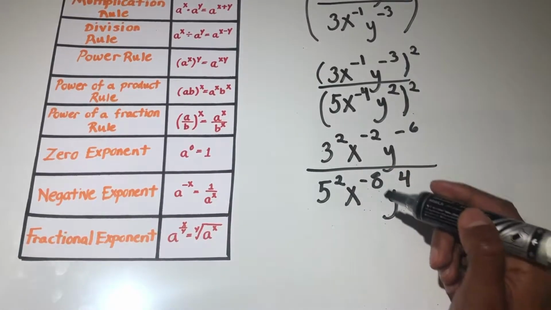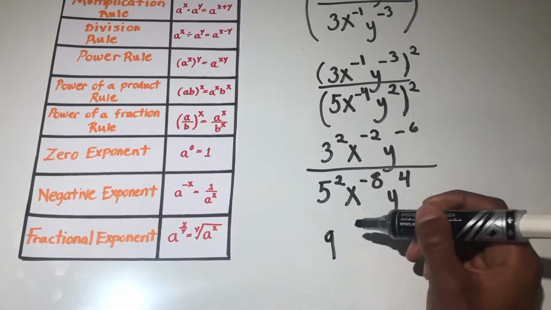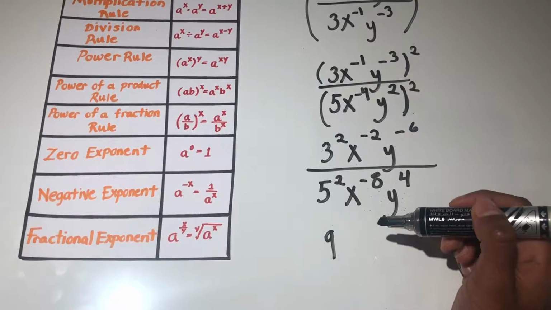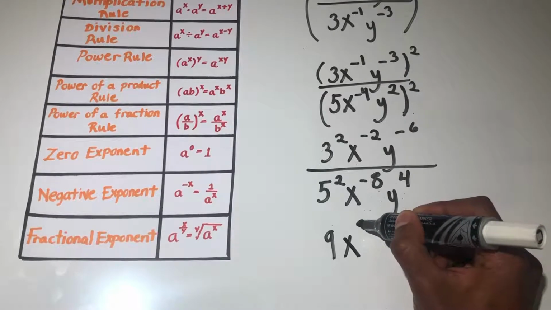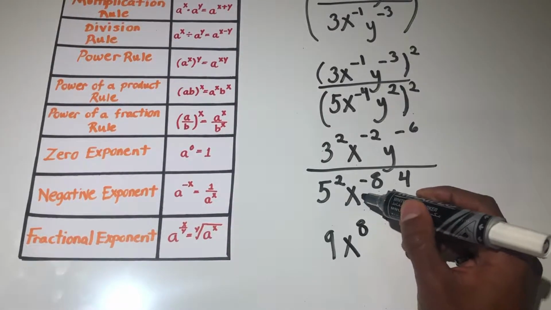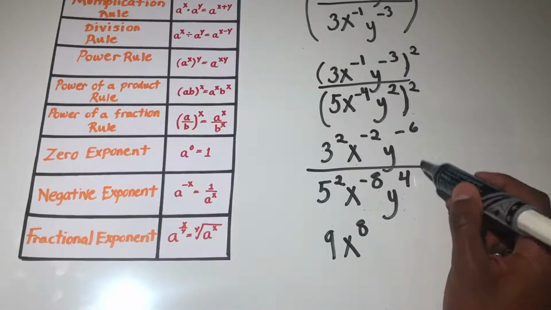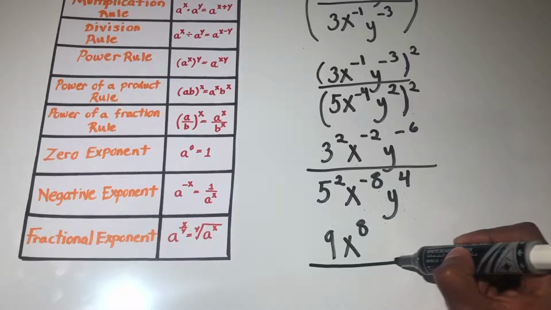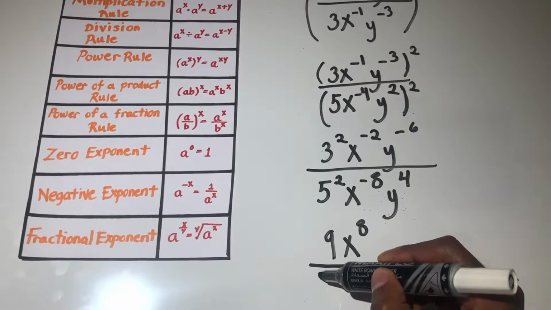But let's simplify first. We have 3 squared, which is just 9. We have x to the power of negative 2 and x to the power of negative 8 in the bottom. So we can just do this: x to the power of 8 from the denominator. We have y to the power of negative 6, so we're going to move that down there. Five to the power of 2 is just 25.